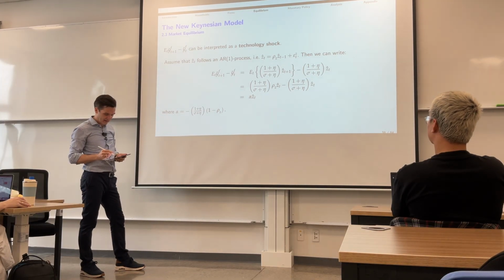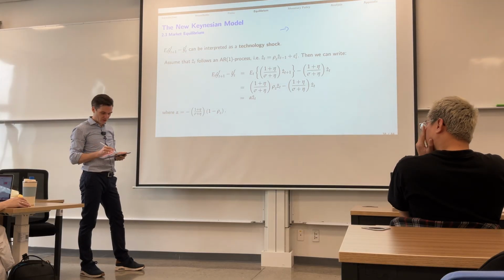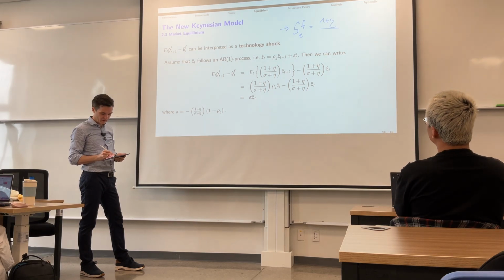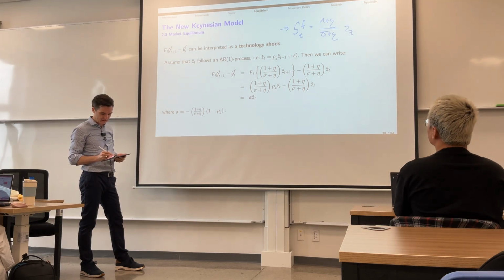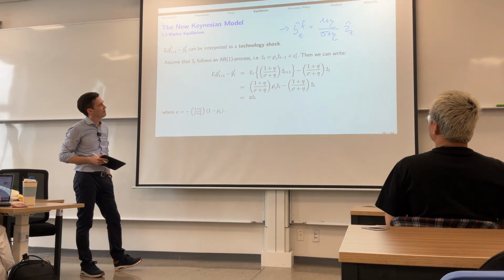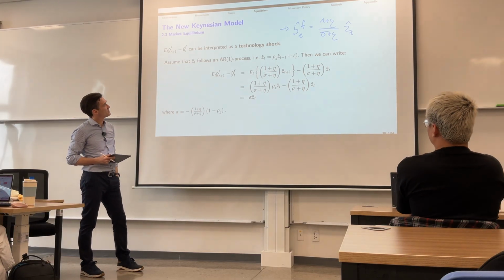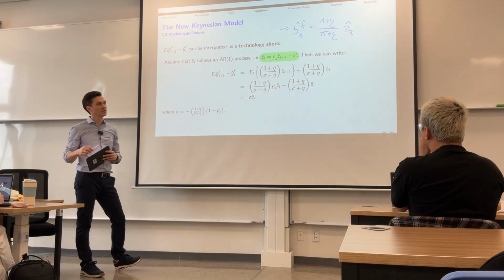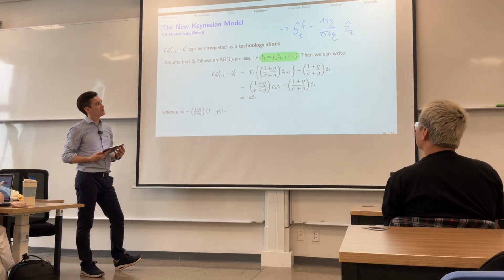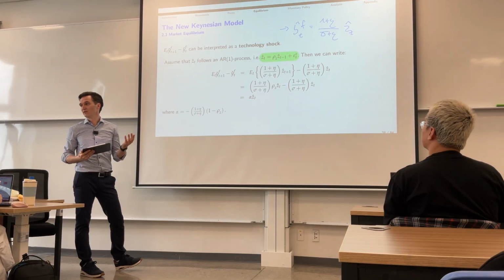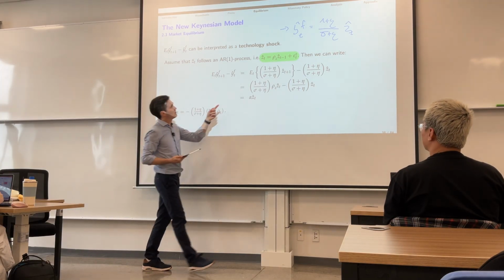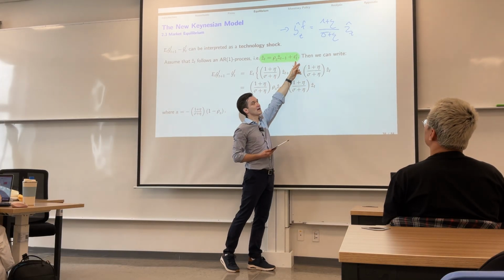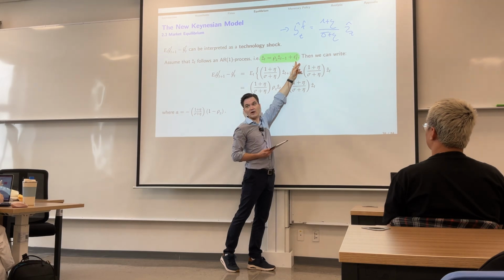First thing to realize is, again, let's write down the definition of potential output. So YTF hat is equal to (1 plus eta) over (sigma plus eta) times ZT hat, right? That is an equation that we have made use of multiple times. And in addition, as is customary, let's assume that technology follows an AR1 process, like in the real business cycle model. It's an autoregressive exogenous process, where technology is a function of its own lag plus an IID random variable.